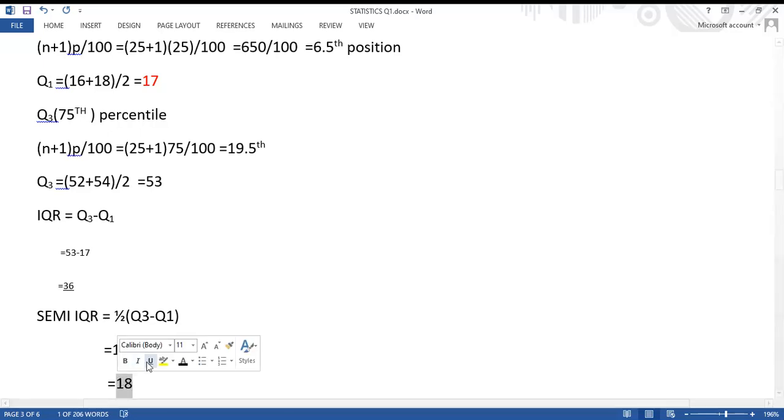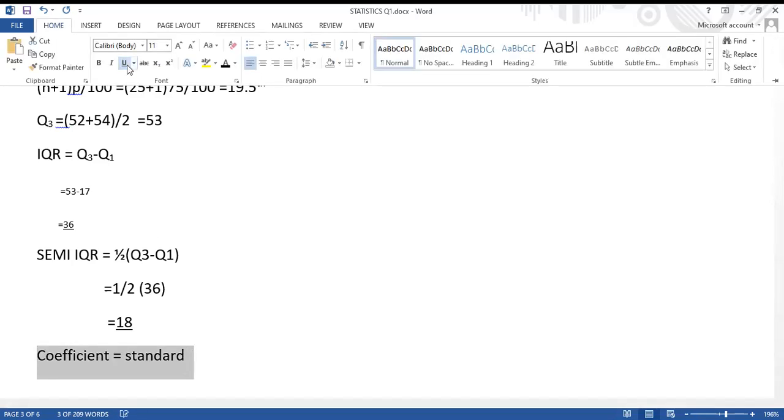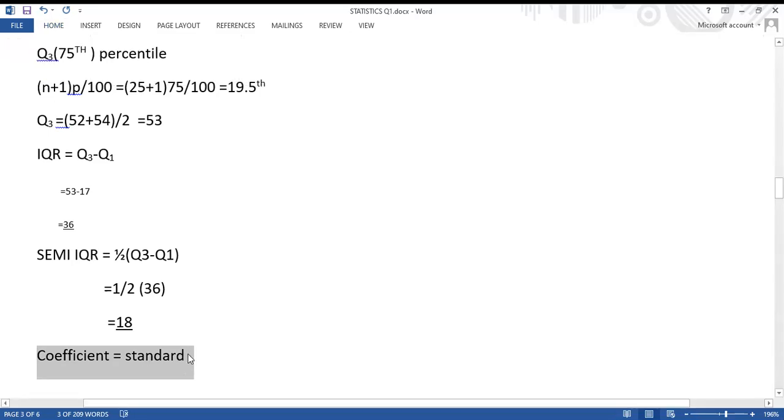If they tell us to find our coefficient of variation, which is just a ratio of the standard deviation and the mean, right? This is just a ratio. Standard deviation.